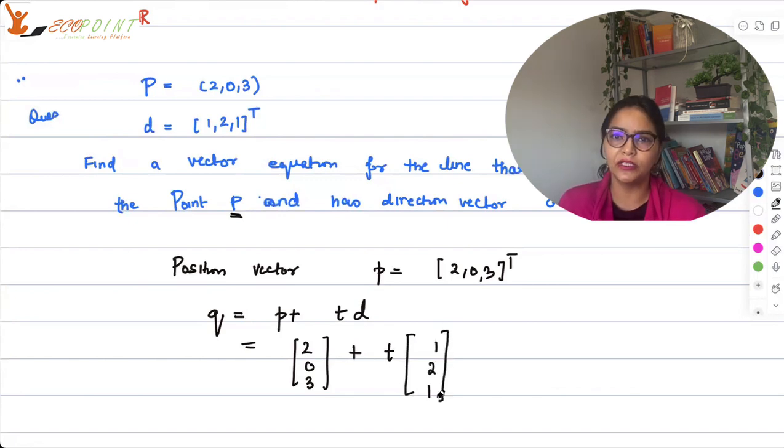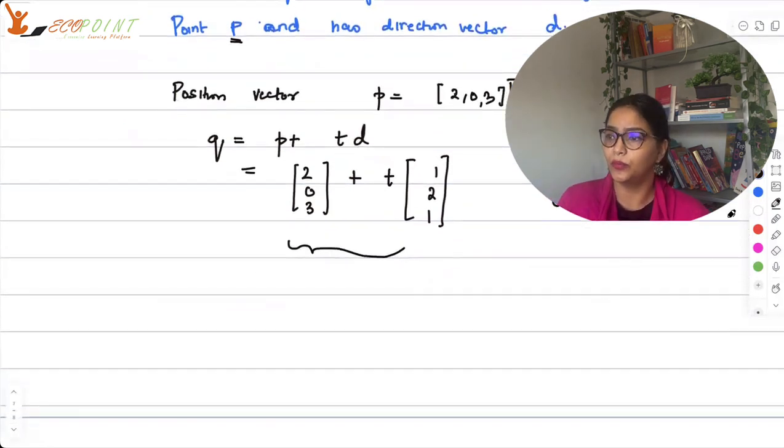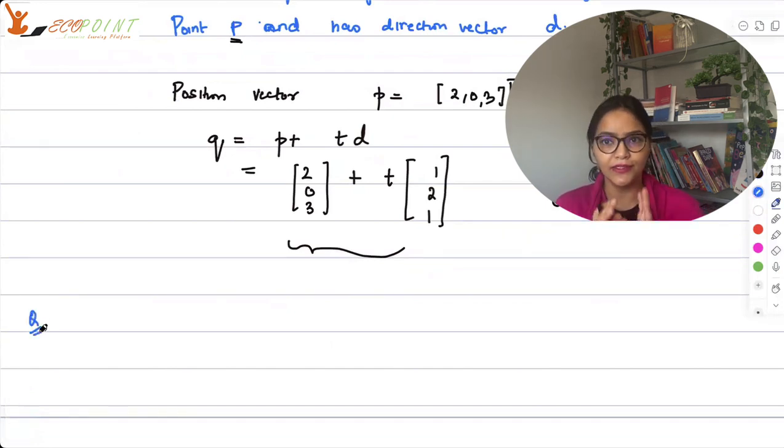With different t's, you can find the point Q on this line. So the line would contain all the t's, where t is any real number, and this will be your vector equation.